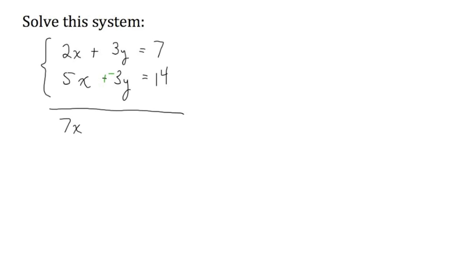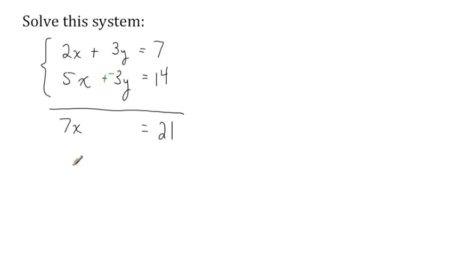So we could put in a plus 0, but 7x plus 0 is just 7x. So now we continue. 7 plus 14 is 21. Notice what happened when we added those two equations together. We eliminated one of the variables. The only variable we now have left is x.